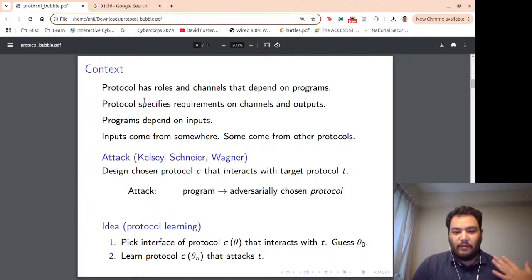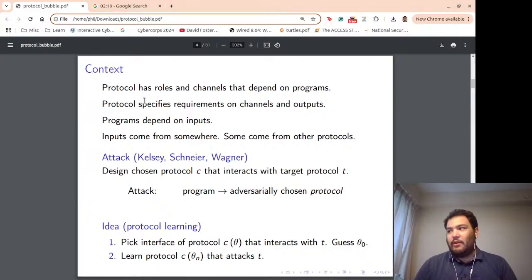And again, the protocol depends on programs, and in particular, you're feeding in inputs. The inputs come from somewhere, and sometimes you explicitly model them as coming from other protocols. So sometimes the inputs are so constrained that the protocol specifies everything there is to know about them, but sometimes there is flexibility.